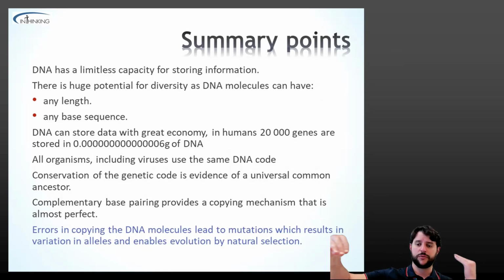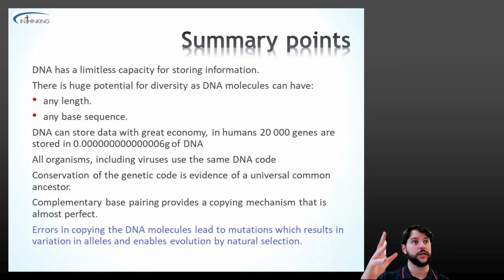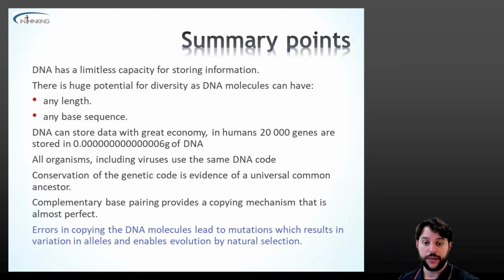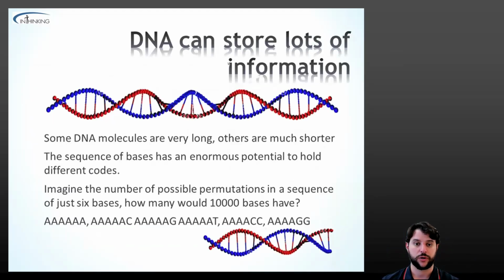As you increase the length, the possibilities are endless. And this is what organisms do. They don't have a DNA of 4 or 10 bases in length. No, they have massive molecules with thousands and millions of base pairs. Okay, so this is why the DNA is by far the best molecule that we have in terms of information storage.